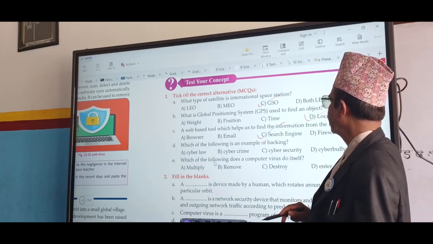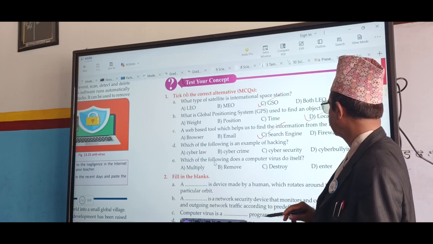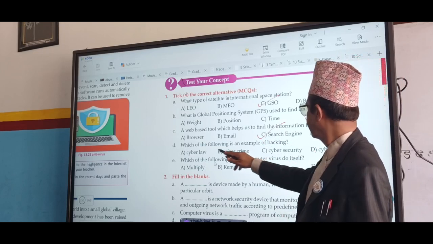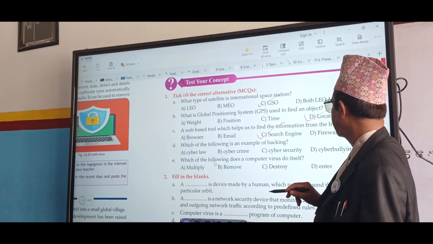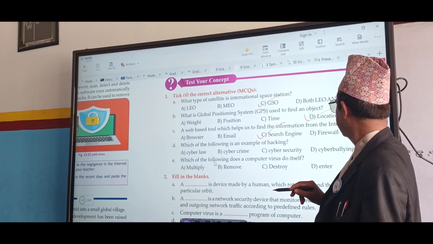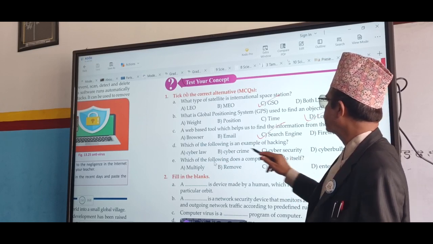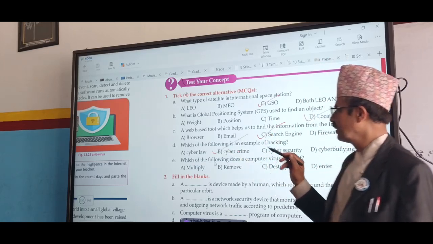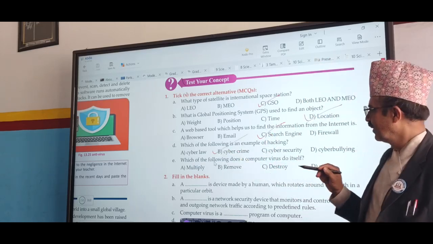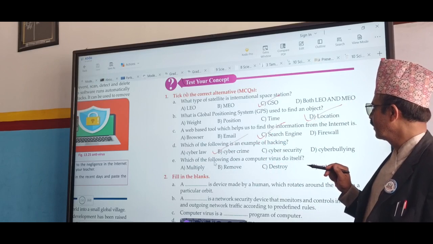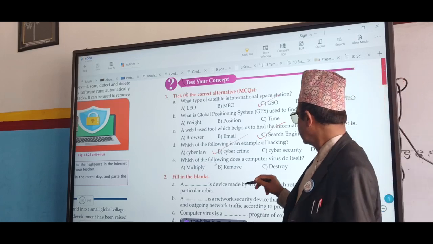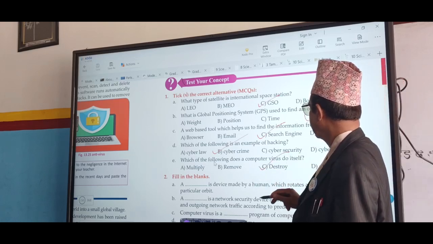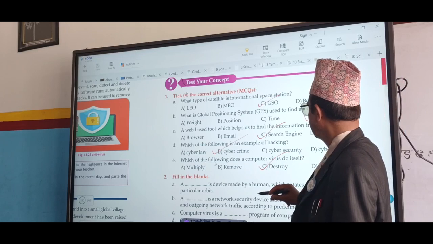Which of the following is an example of hacking? Cybercrime. Hacking is cybercrime. Number E. Which of the following does a computer virus do to itself? Destroy. Okay.